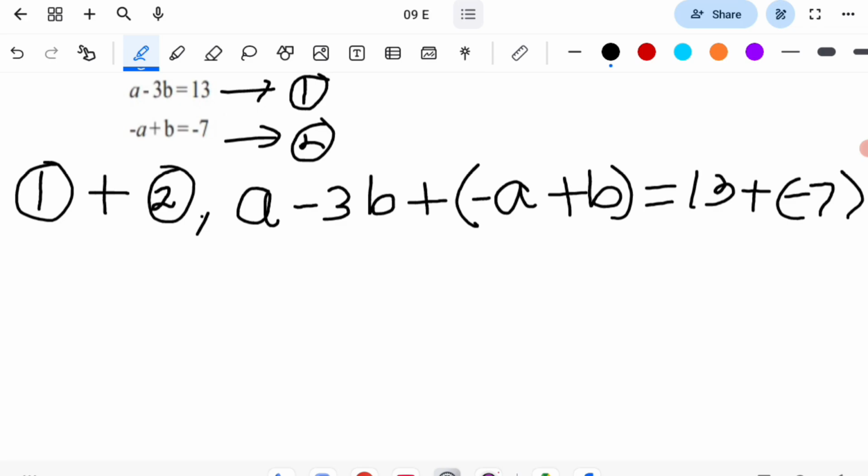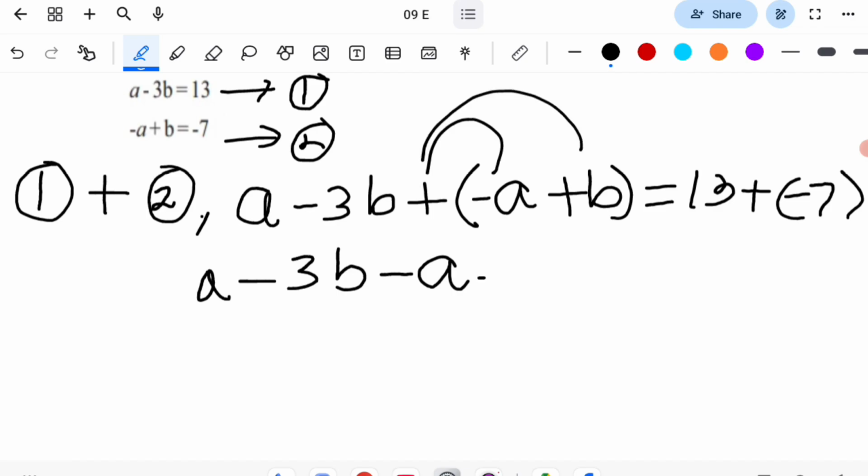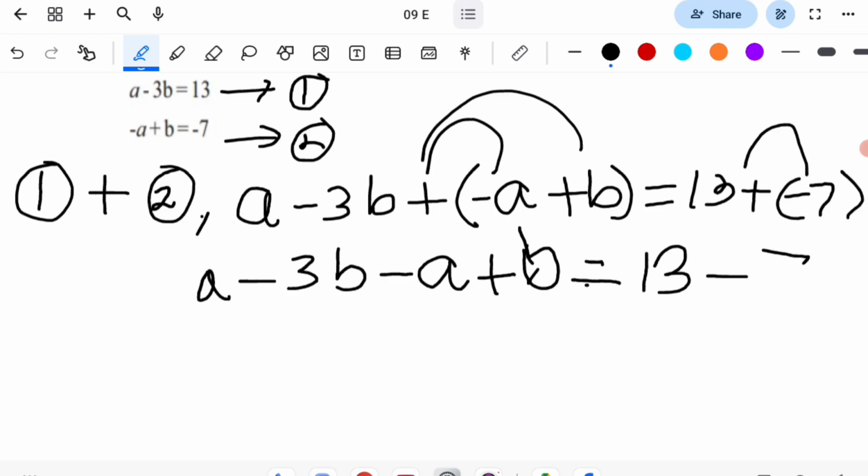Then we have to expand brackets and simplify. a minus 3b plus into minus is minus a, plus into plus is plus b, equals 13 plus into minus is minus 7.